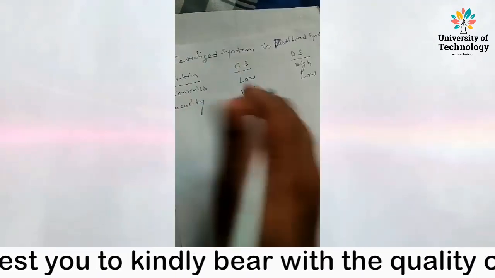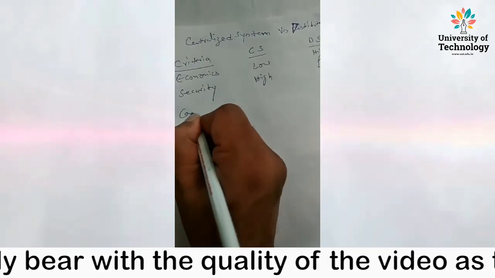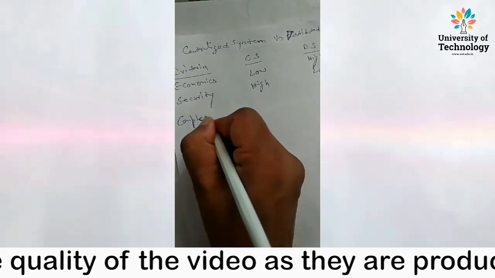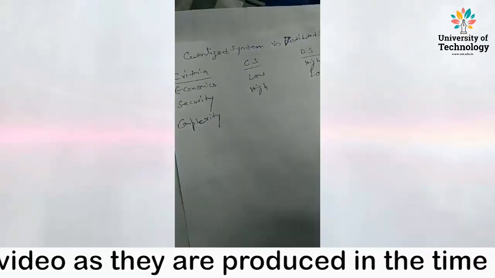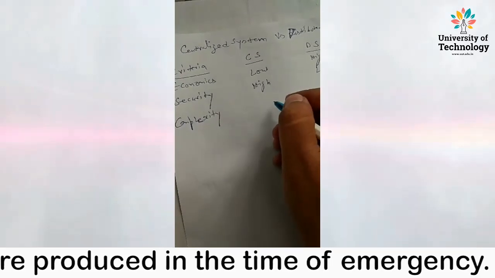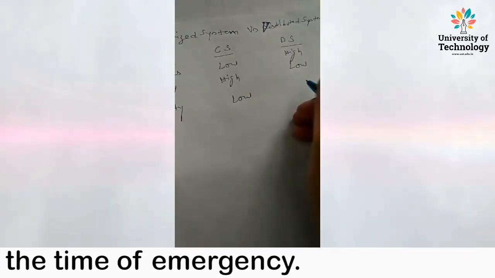If we talk about complexity, centralized system low and distributed system high.